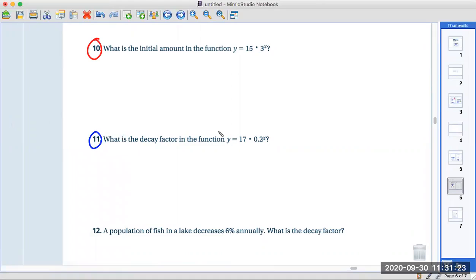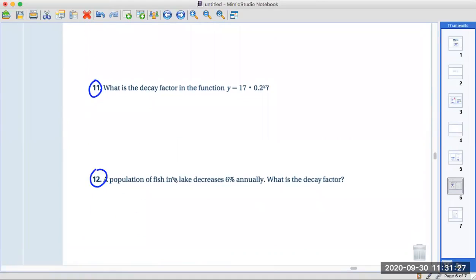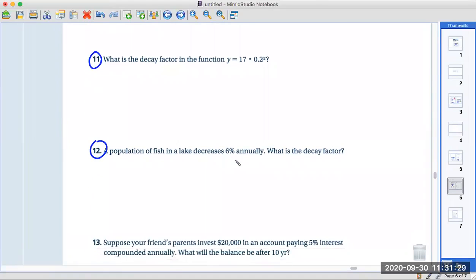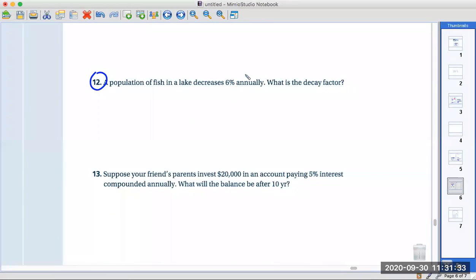Number 11, what's the decay factor? Number 12, now you have to think a little bit, not quite as easy. Still asking for the decay factor. Number 13, ooh, this is the compound interest problem. See if you can tackle that one.